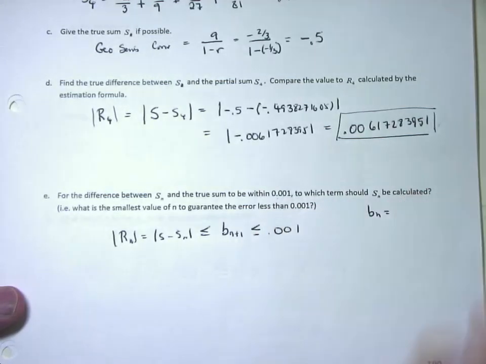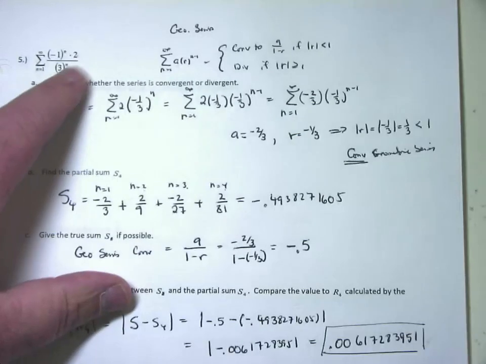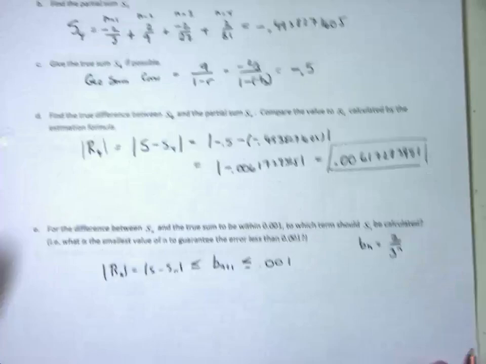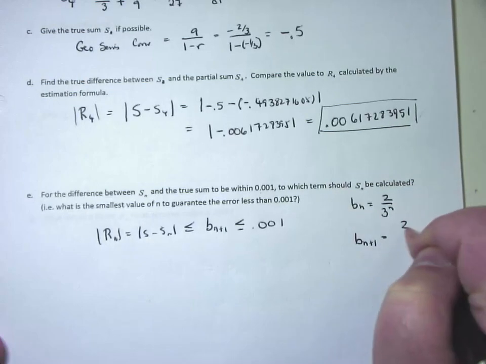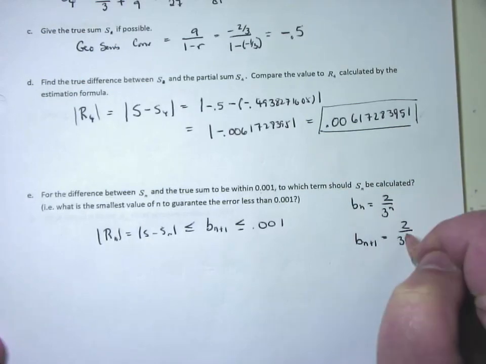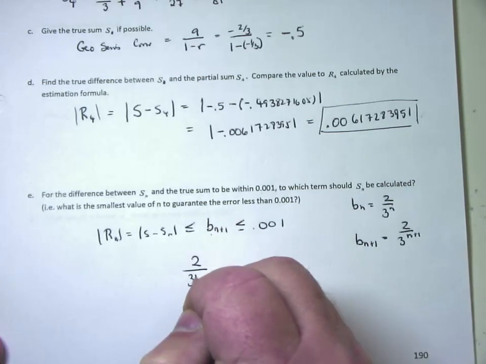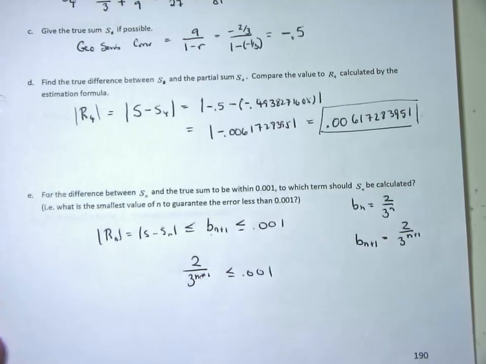Bn, the part without the alternation, is 2 over 3 to the n. So Bn plus 1 is 2 over 3 to the n plus 1, which is less than or equal to 0.001.